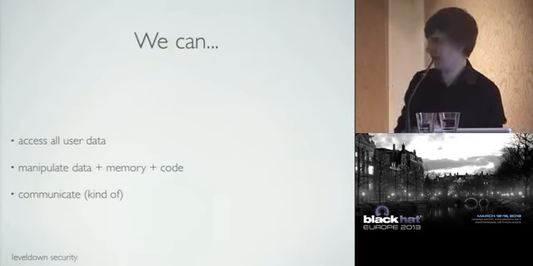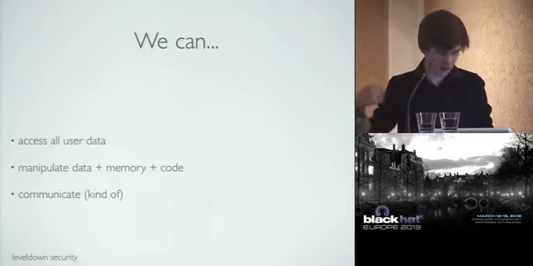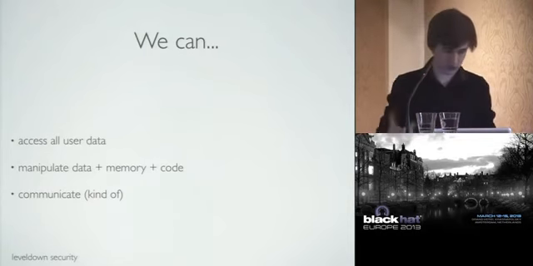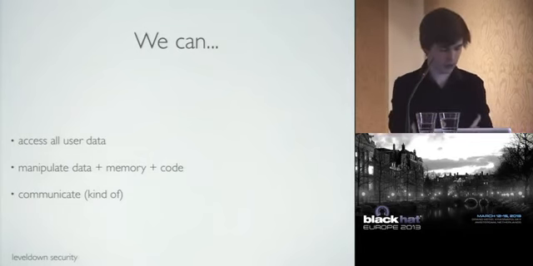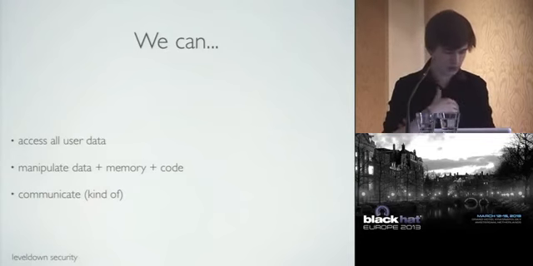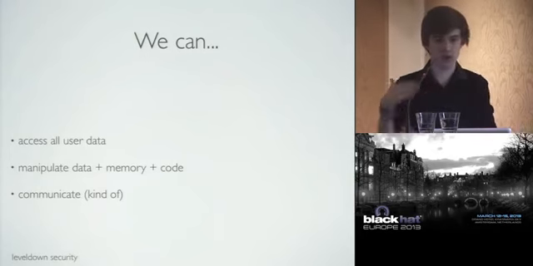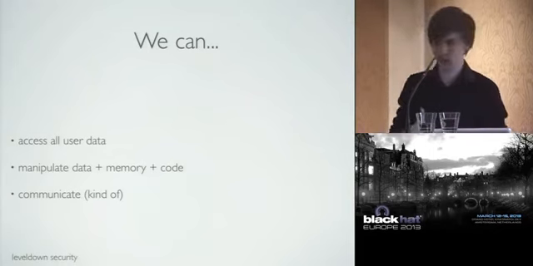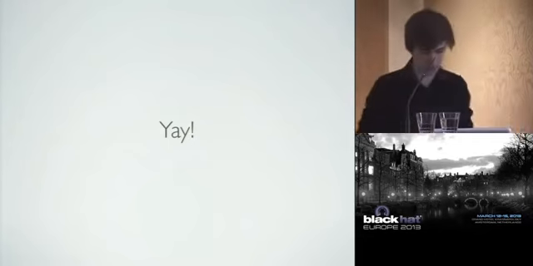For instance, I experimented with some mandatory code signing, and you can just disable it from within TrustZone, because you can just flip some bits in the RAM and everything will be fine. Which can be cool if you write malware for this kind of stuff. And we can communicate, which is a very difficult topic, because you can't just use the network interface. That will be obvious. So, yay.